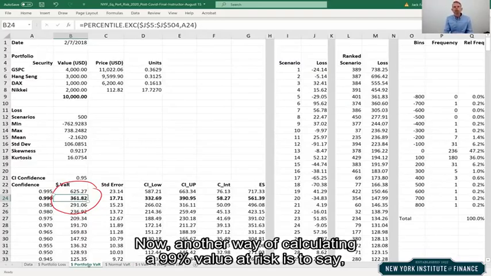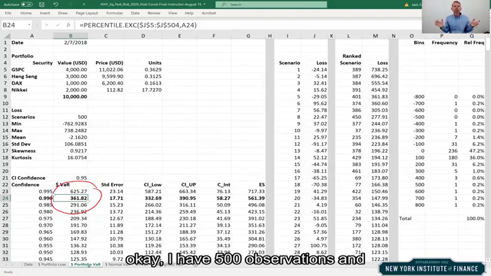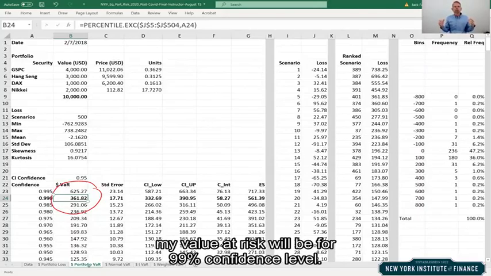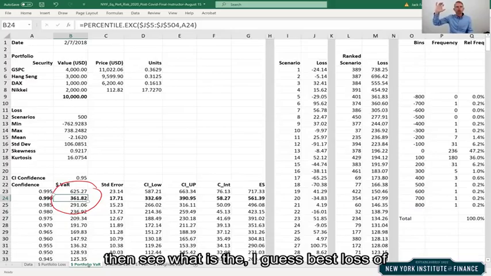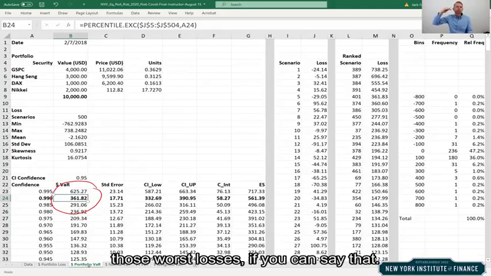Another way of calculating a 99% value at risk is to say, okay, I have 500 observations and my value at risk for a 99% confidence level, I'll need to look at the 1% worst losses and then see what is the best loss of those worst losses, if you can say that.